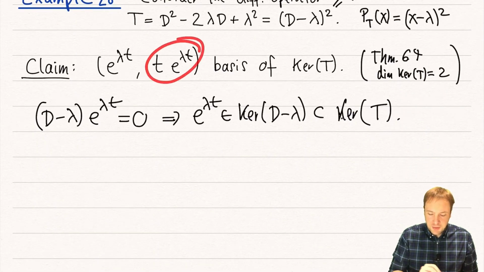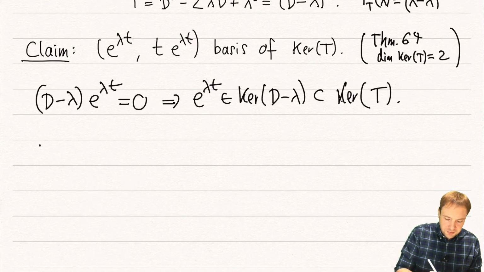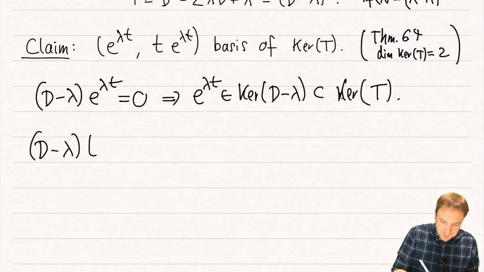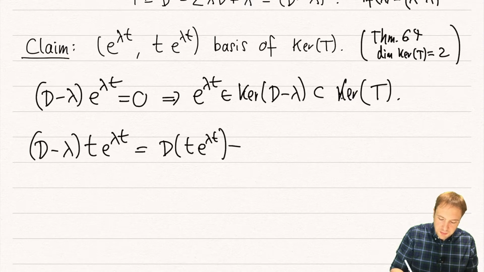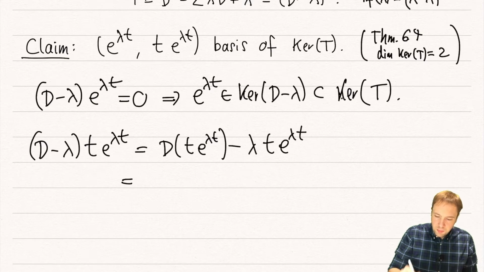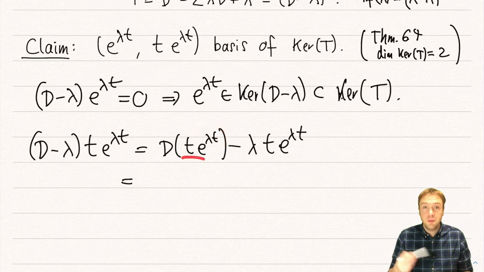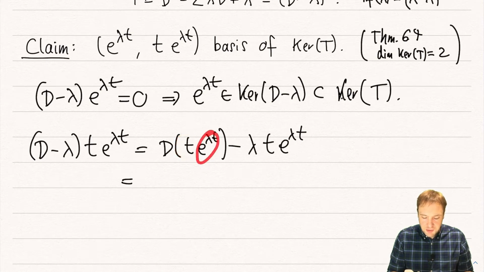But now, why is this other element also in the kernel? This is a new element we didn't see before. Let's apply this operator to this function. We apply D to this function minus lambda times this function. D is just taking the derivative. So what is the derivative of this product? For this we just use the product rule, meaning we take the derivative of t times this function plus the derivative of this times t.